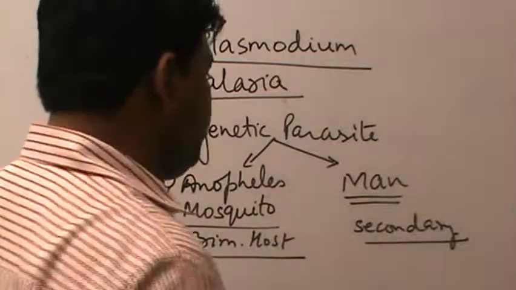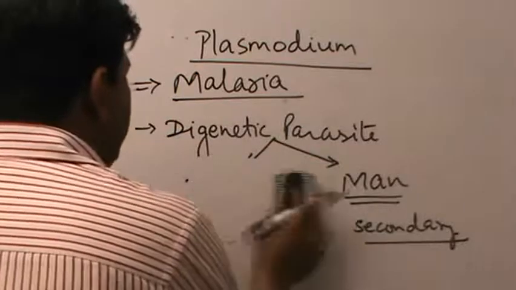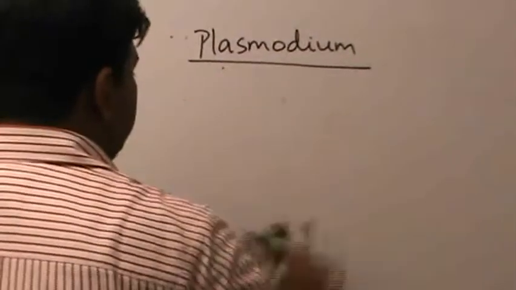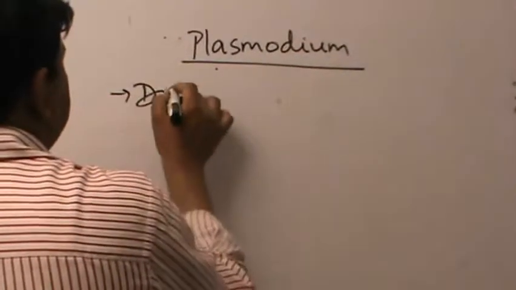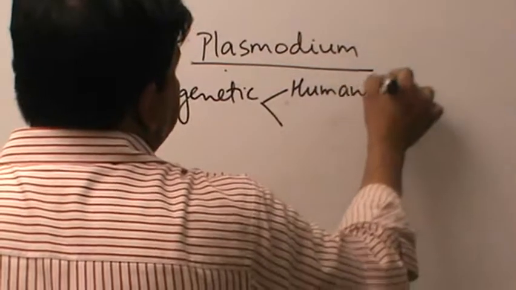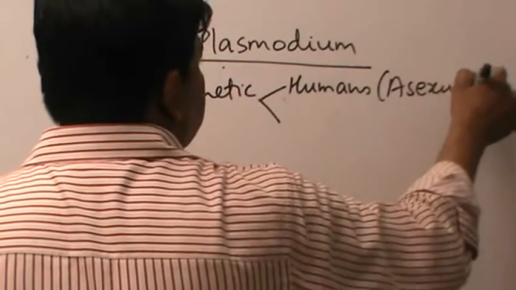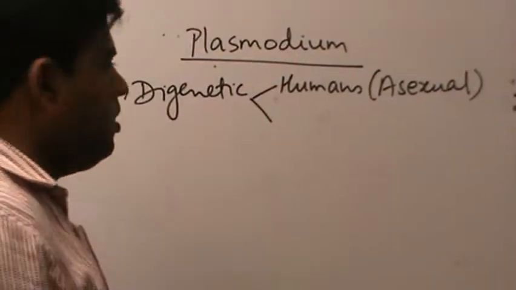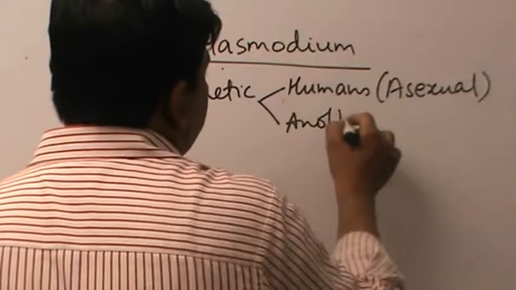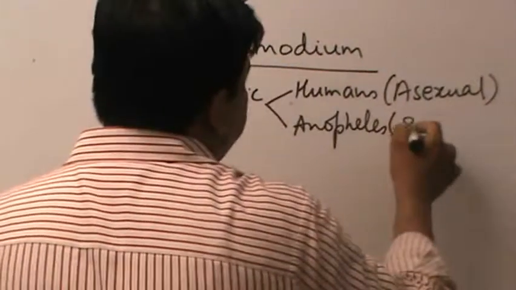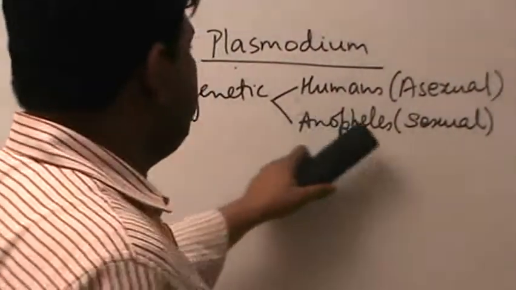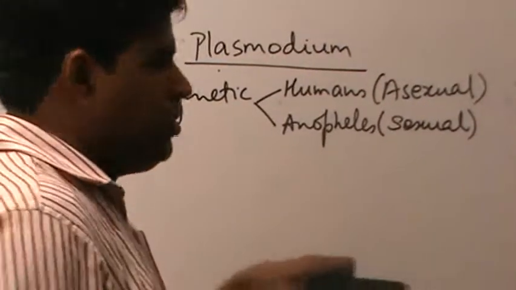In humans, the asexual part of the life cycle prevails, but in the Anopheles mosquito, the sexual part prevails. Humans asexual, Anopheles sexual life cycle.